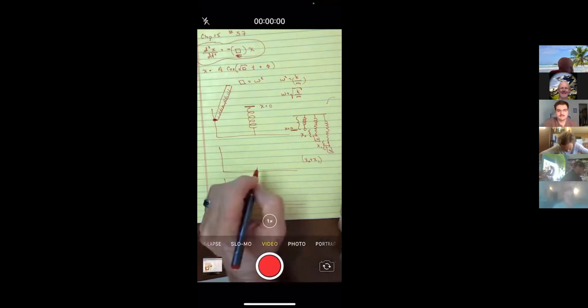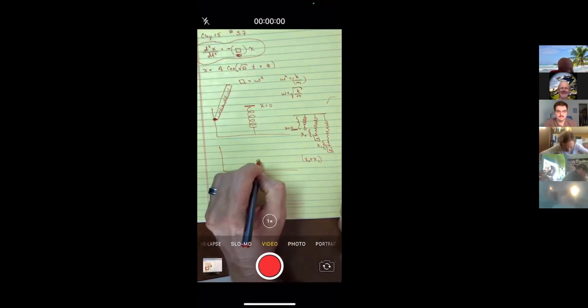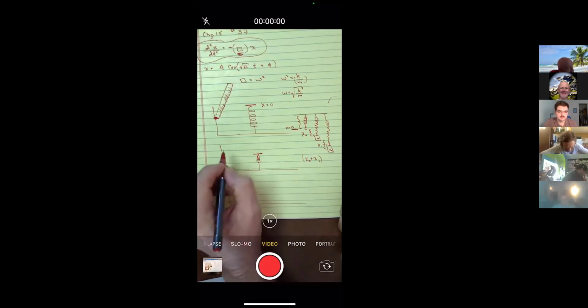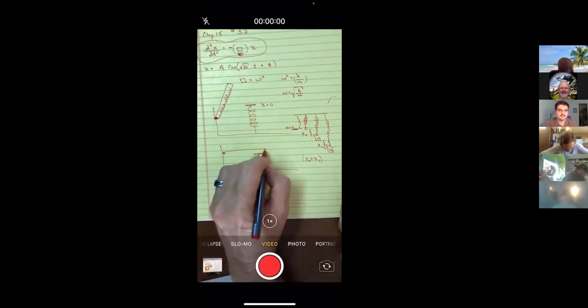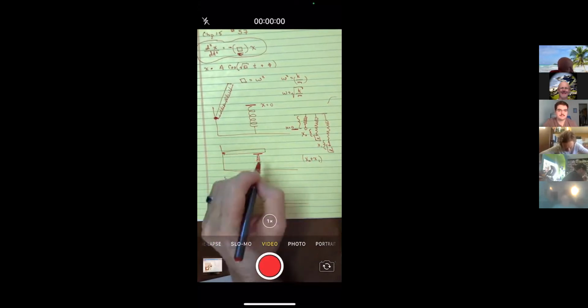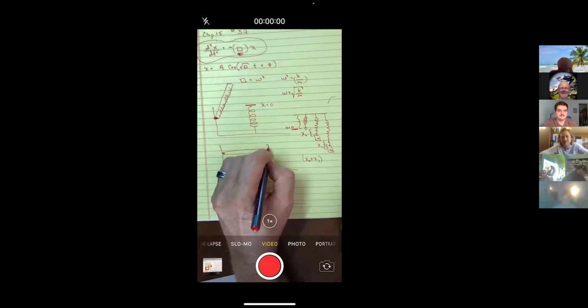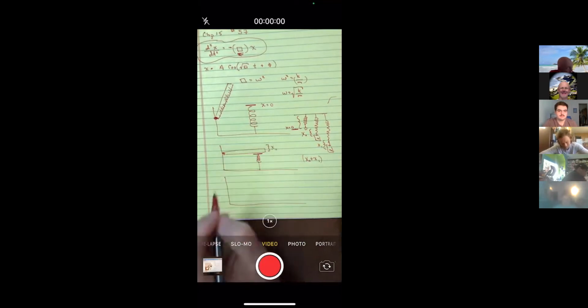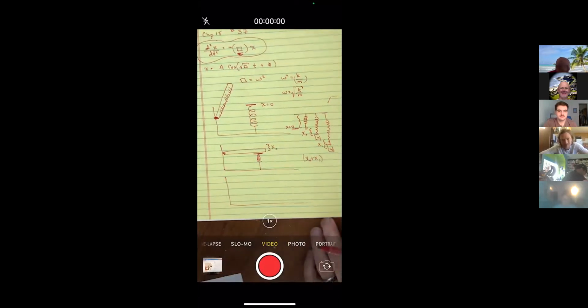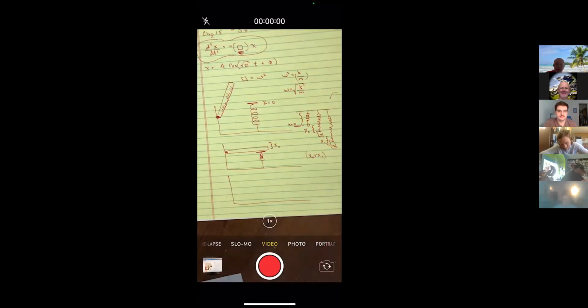I'm going to first lay the plank onto the spring and just let it rest there. That's going to compress the spring a little bit, call it an x naught.